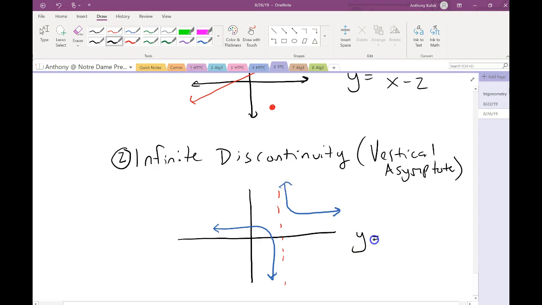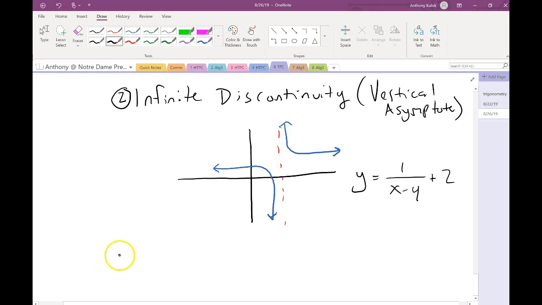And again, something that might look like this would be y equals 1 over (x minus 4) plus 2. It would probably look something similar to this. Hopefully we remember vertical asymptotes for sure from last year. We spent a lot of time when we dealt with rational functions talking about those vertical asymptotes.